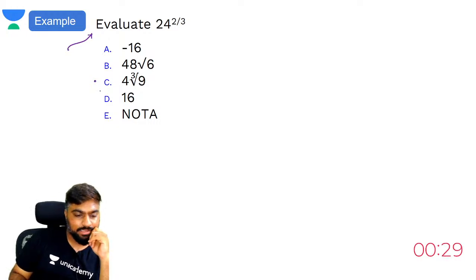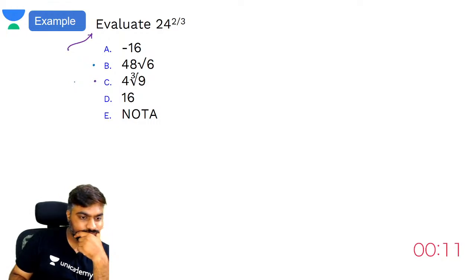Mansi says the answer is C. Anyone else? Gaurav, Anamika says C. Achal says B. Hurry, 10 seconds left. Riya says C. Reema says C. Okay.